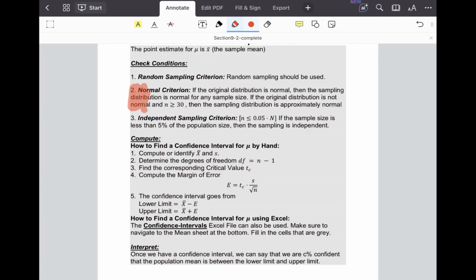If the original distribution is normal, you're good to go. If the original distribution is not normal, you should check that the sample size is large enough and is greater than or equal to 30. In that case, we're good to go. If not, then you'd note the sample size isn't quite large enough for us to fully trust the results of this confidence interval.